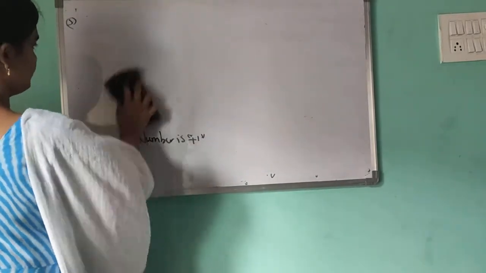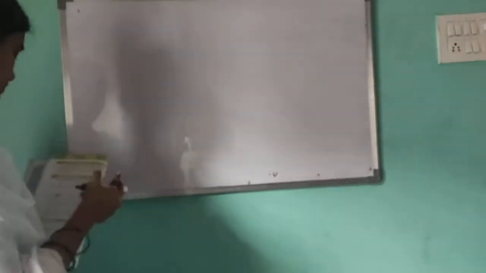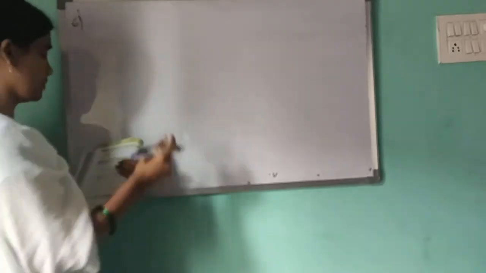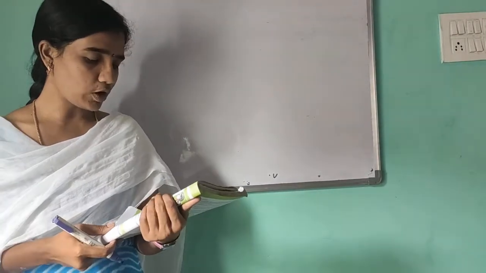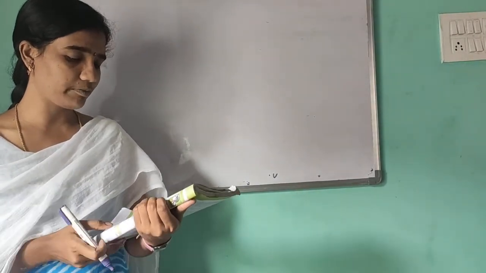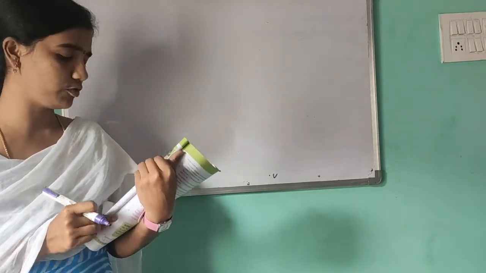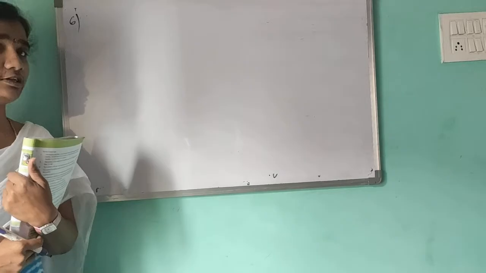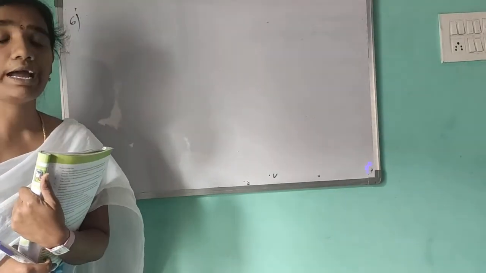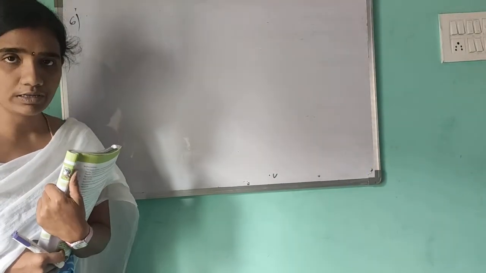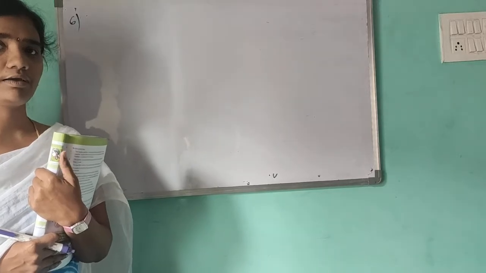Let's go with the sixth sum. Find the smallest number that can be subtracted from 1965, so it becomes divisible by 4. Previously in the fifth problem, by adding to the given number, we checked whether it is divisible by 8 or not.